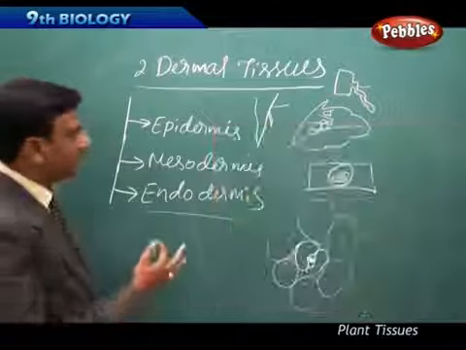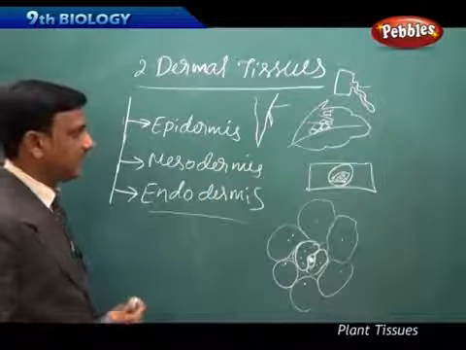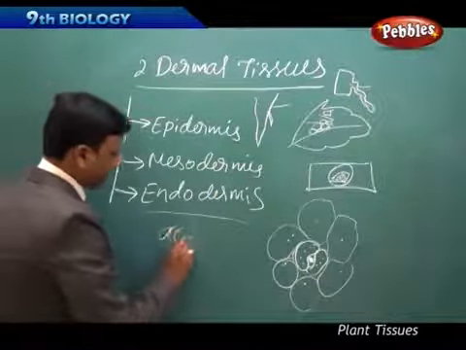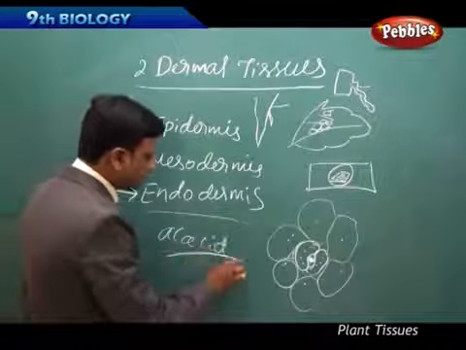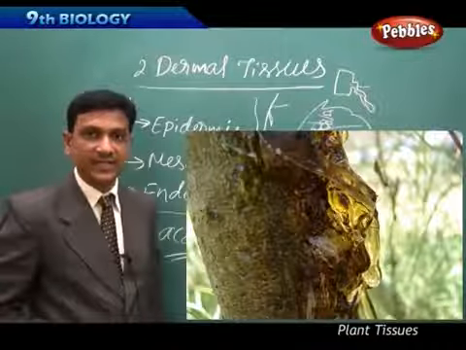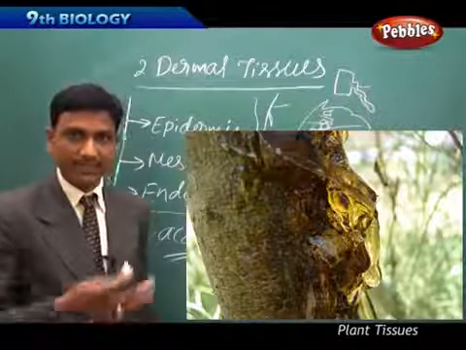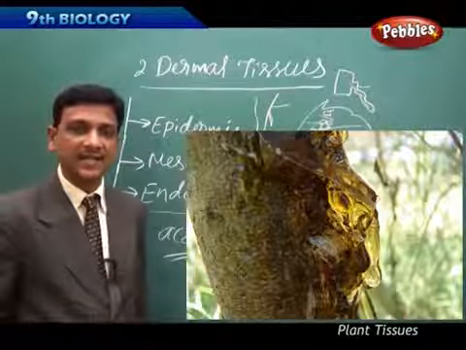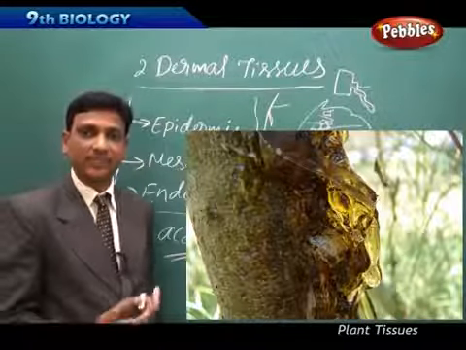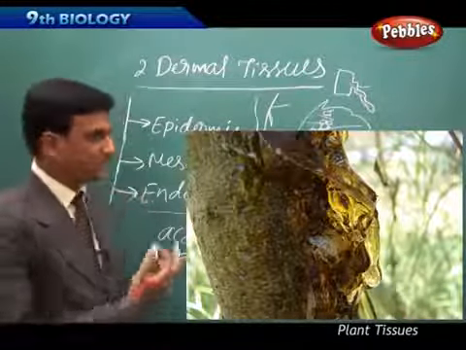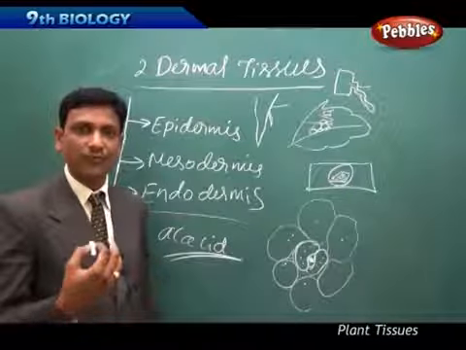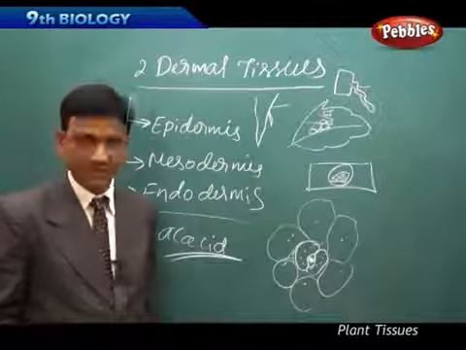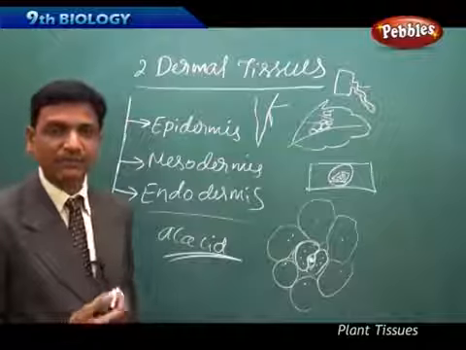If you observe the surface of stems like acacia, this is a tree from which we get some kind of gum. From the epidermis, some kind of gum-like substance is excreted, released out. That is also for the purpose of protection. So these epidermal cells show various modifications, that is for the purpose of protection.